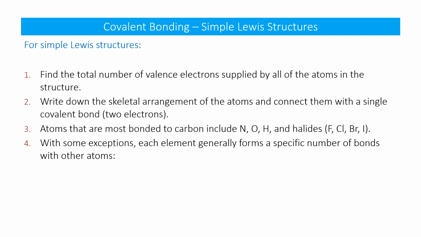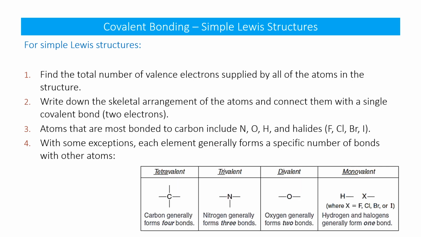The atoms that are usually bonded to carbon include nitrogen, oxygen, or hydrogen, with some exceptions, of course. The general bonding in the neutral species is tetravalent for carbon, trivalent for nitrogen, divalent for oxygen, and monovalent for the halides. This is group 7.